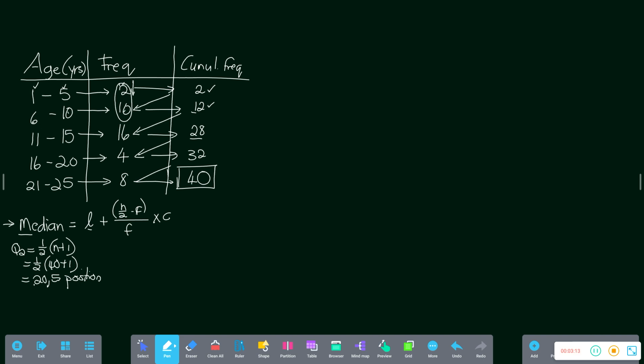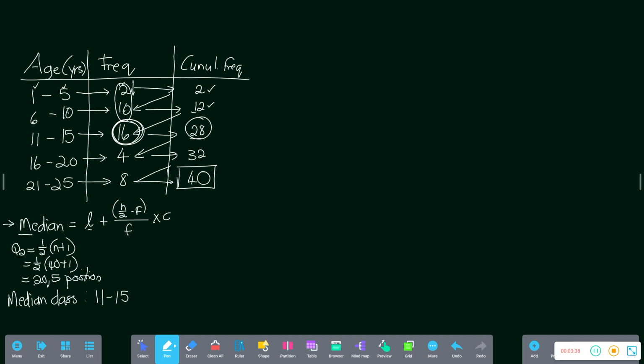Then when I add this one, I'm adding 16 to the 12, and that gives me the 28. So that tells me that this here is my median class. Therefore, my median class interval is 11 to 15.